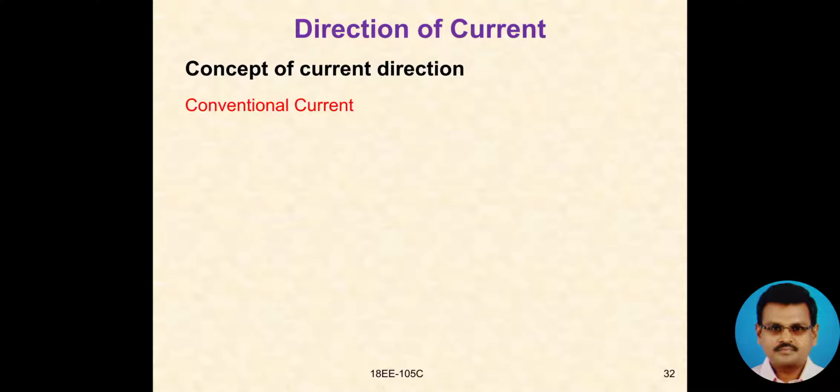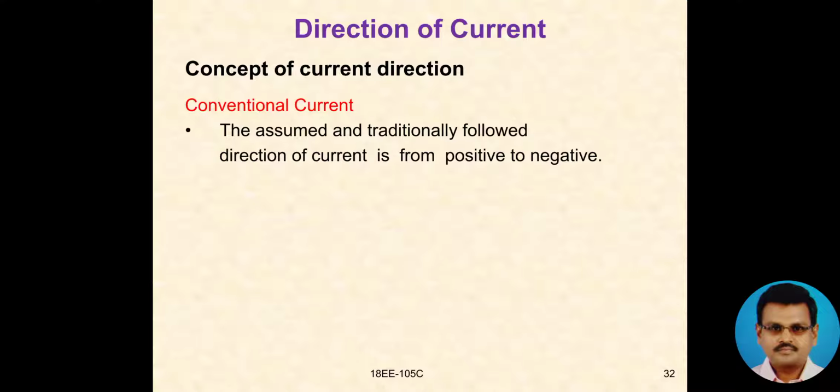The assumed and traditionally followed direction of current is from positive to negative, plus to minus. It starts from the positive terminal of the battery and reaches the negative terminal, and again to the positive terminal, and it continues.